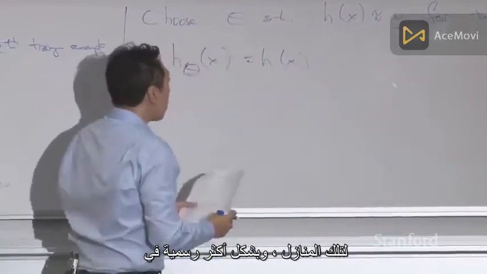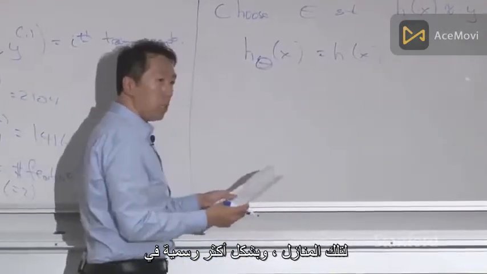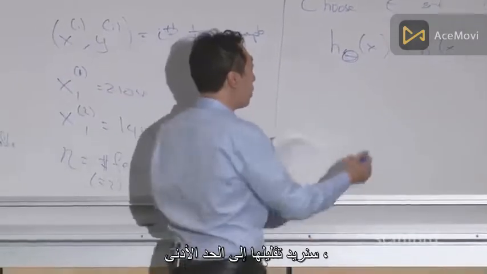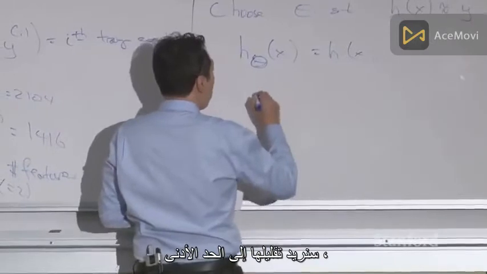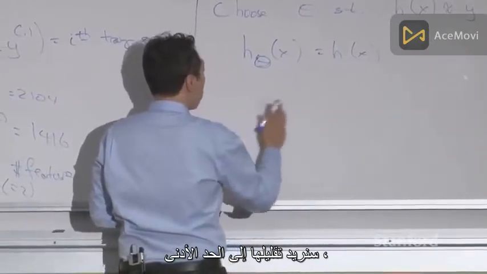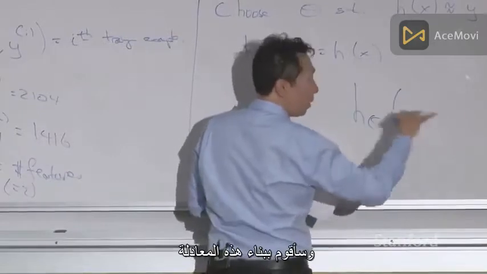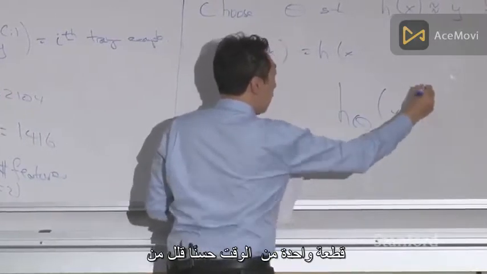And so more formally, in the linear regression algorithm, also called ordinary least squares, we will want to minimize, and I'm going to build out this equation one piece at a time, okay?